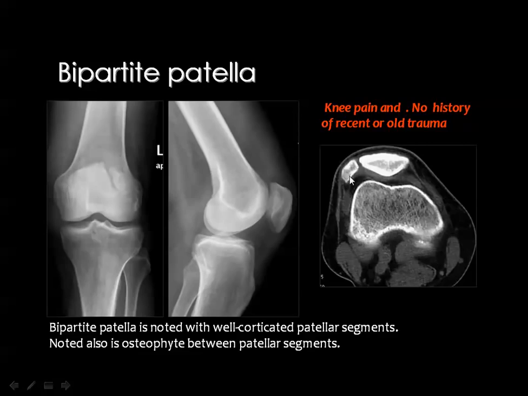This part is additional and is separated from the patella by a well-defined cortex. There is no history of trauma, and there are no signs of trauma, meaning that there is no soft tissue contusion or bone marrow edema or hemorrhage like in cases of traumatic fracture of the patella.